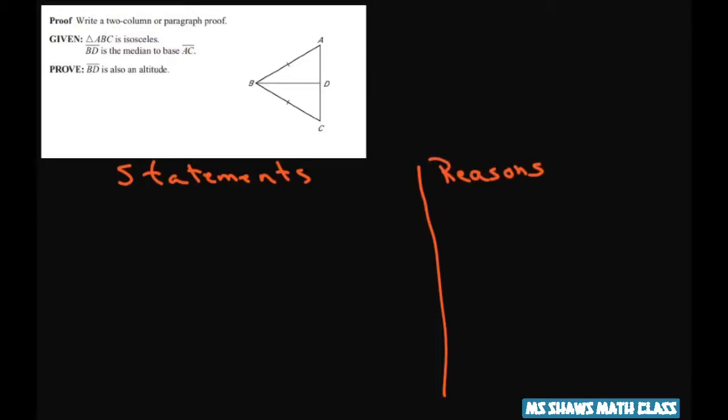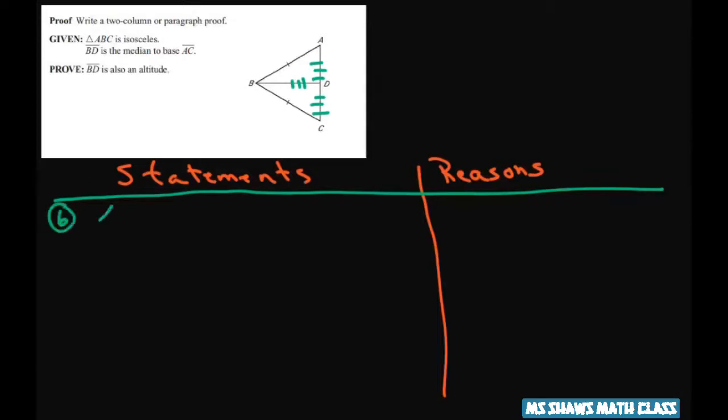All right. So now, since we have all these sides are congruent based on what we just proved, we can say that the triangles are congruent. So triangle BDC is congruent to triangle BDA. And that's based off your side congruence postulate.